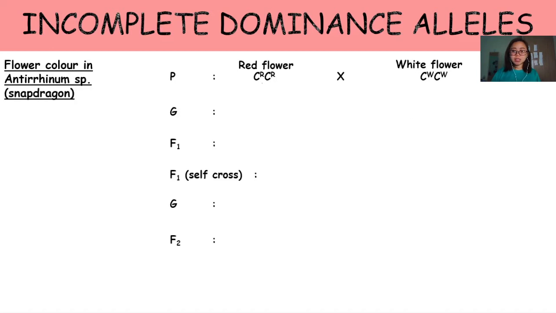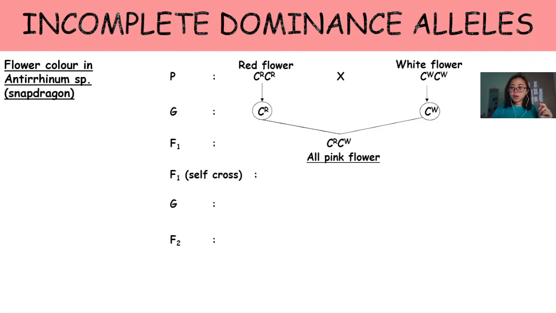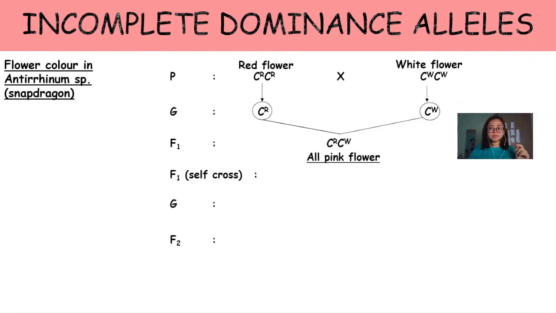We take out the gametes. The gamete is going to be CR for the red flower, CW for the white flower. We allow them to cross, and it will produce first generation of all pink flowers. All the offspring in the first generation is CR, CW.